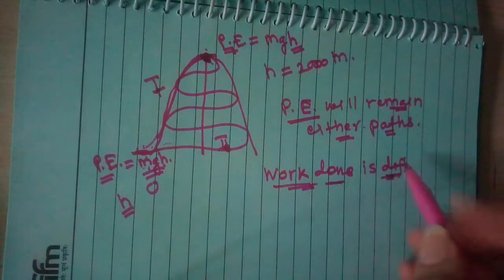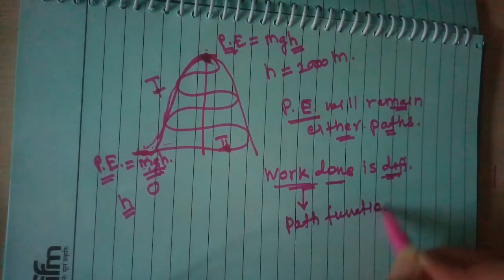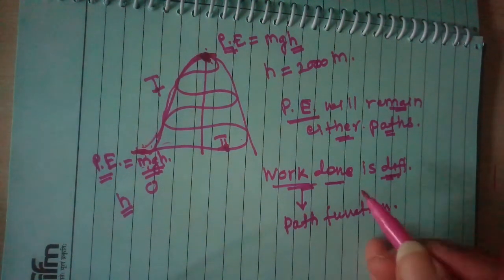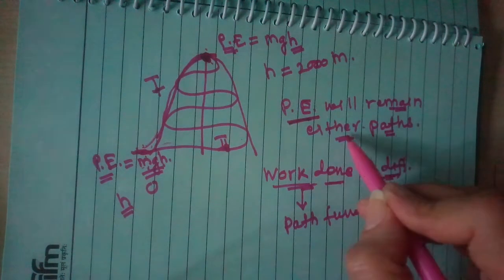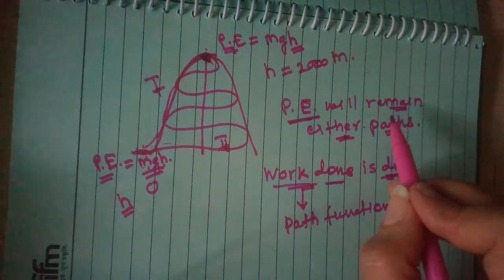It means that work done is a path function, because it differs if you follow path number 1 and path number 2, but potential energy will remain the same in both paths. So potential energy is a state function.